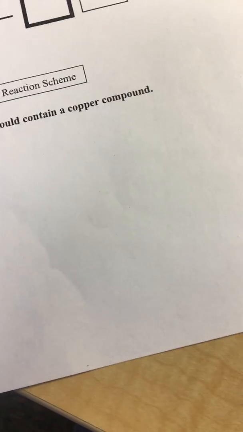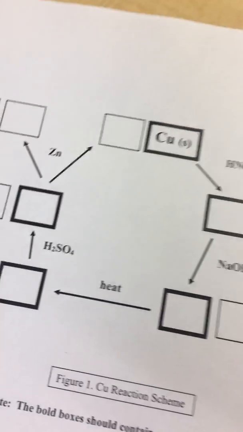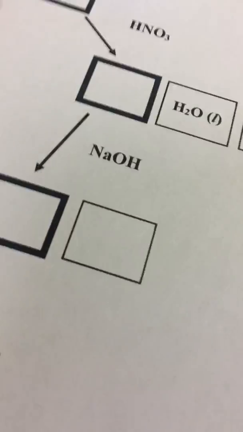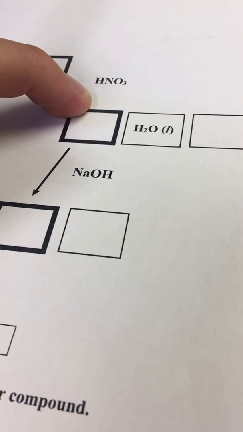So first, after the reactions occurred, they were then transferred to page 10 of the lab manual into figure 1, copper reaction scheme, which is this. First, nitric acid was added, HNO3, which is nitric acid, was added.